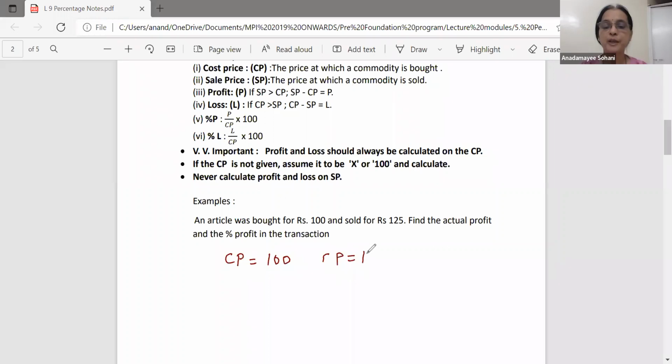What is the actual profit? Sale price minus cost price, that will be 25 rupees. And what is the percent profit on 100 rupees? What is the profit? 25 rupees. So what is the percent profit? It is 25%.